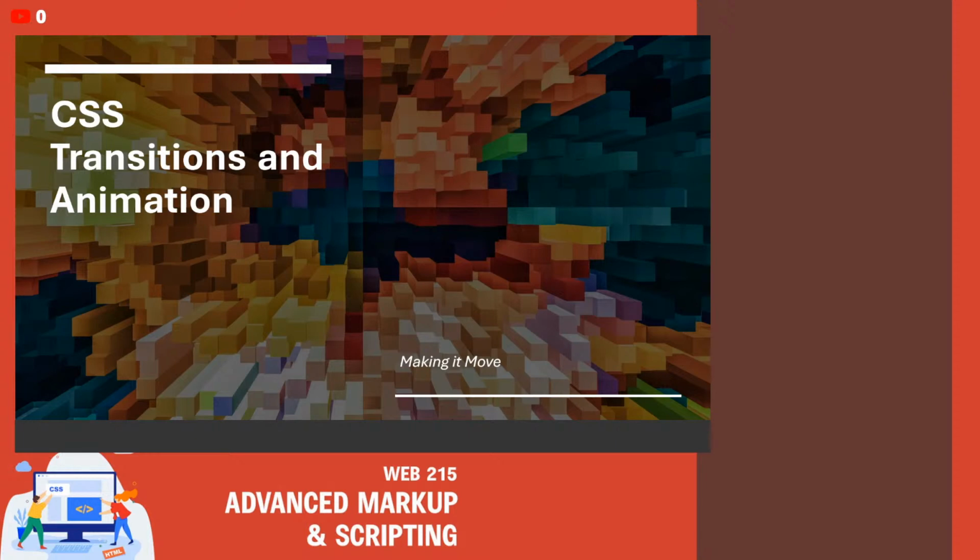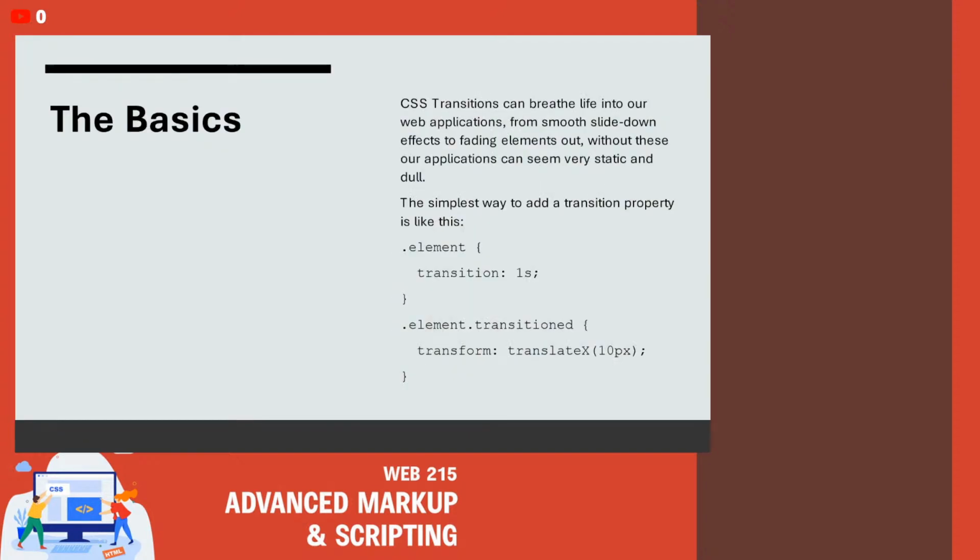So we're talking about CSS transitions and animation. And we're going to start off by talking about the basics. The basics are basically that we need two things to apply. We need to apply, on the element that is going to be transformed, the amount of time we want this transition to take.